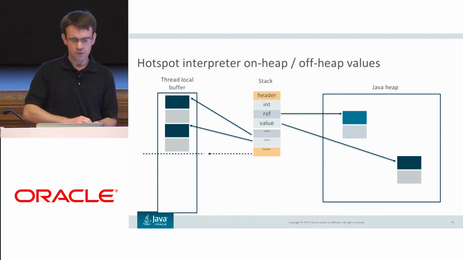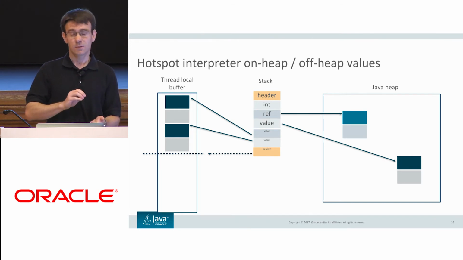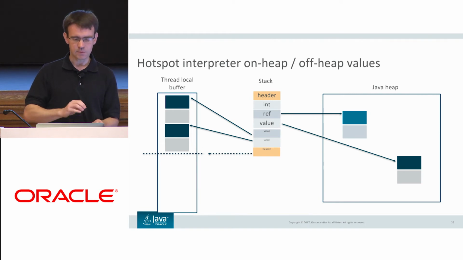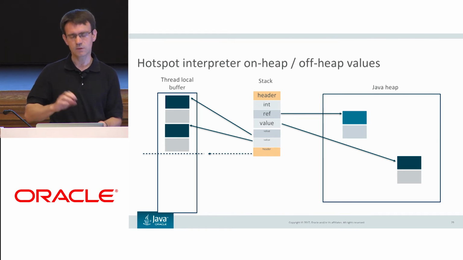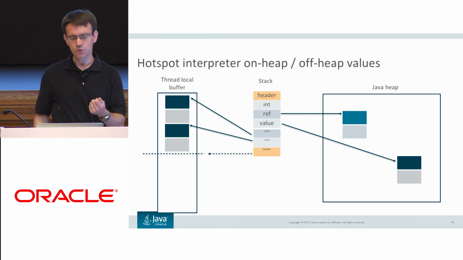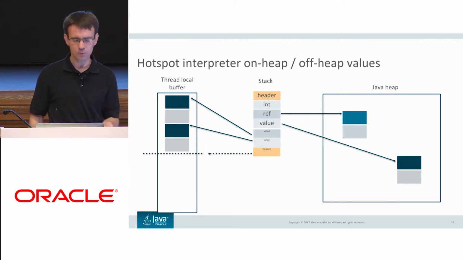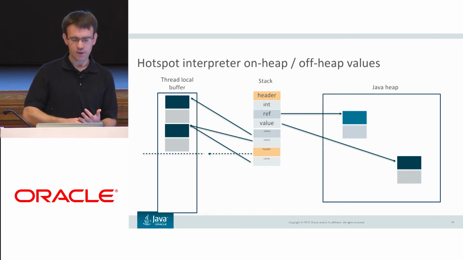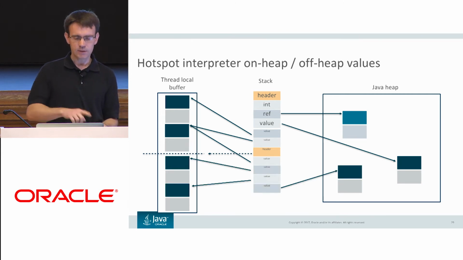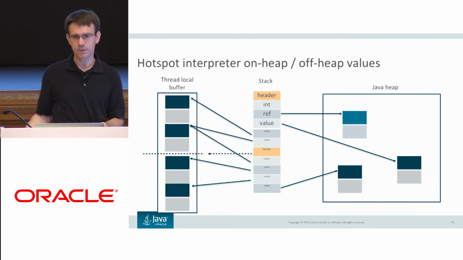The management of the thread local buffer is performed on a per method frame basis, meaning each time a new frame is created on the stack, we remember where the allocation pointer was. A frame can reference values from a parent frame or can allocate new ones. Allocating to the buffer is not mandatory. We can still allocate values on the Java heap.